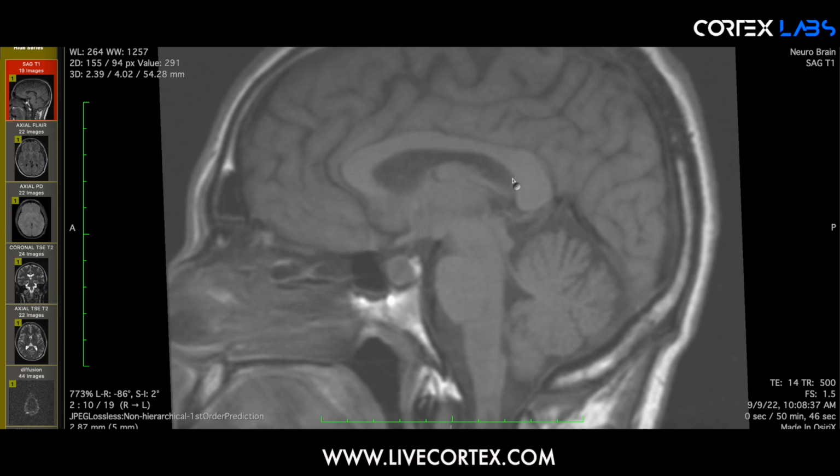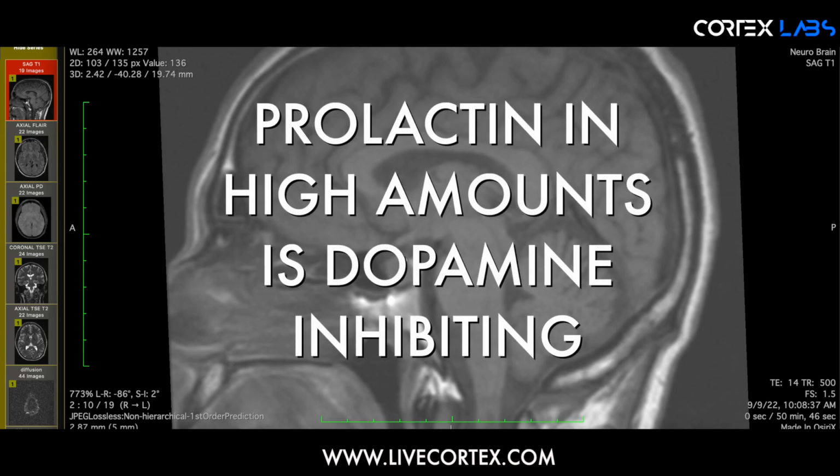So if your prolactin number is 15 to 19 or 20 nanograms per milliliter, that's probably not executing large-scale inhibition of dopaminergic neuron firing. But if it is in the 50 to 100 plus range, then through a negative feedback loop, it is inhibiting dopaminergic neuron firing and signaling in your brain.